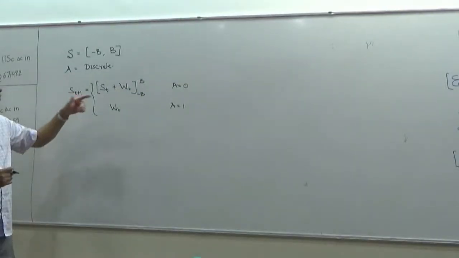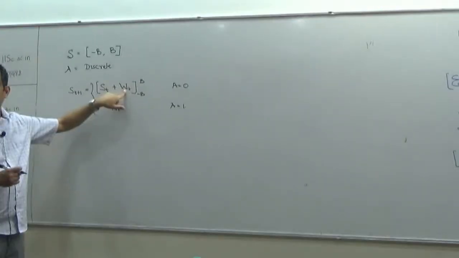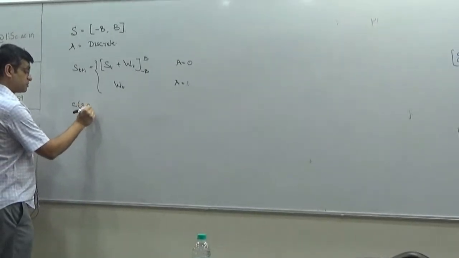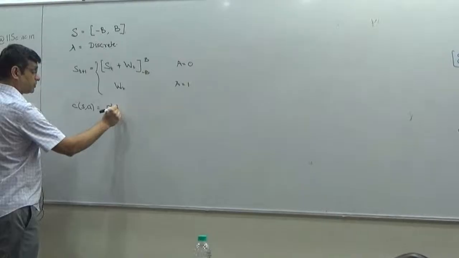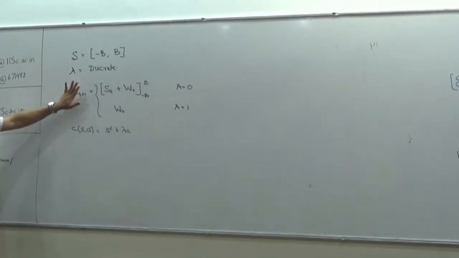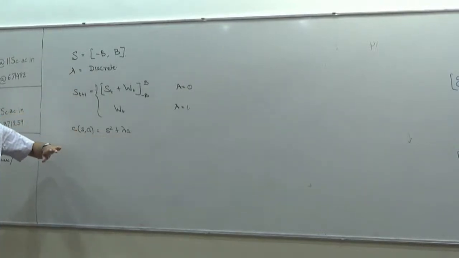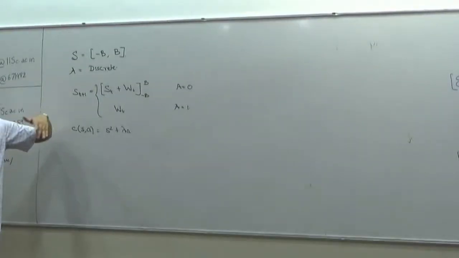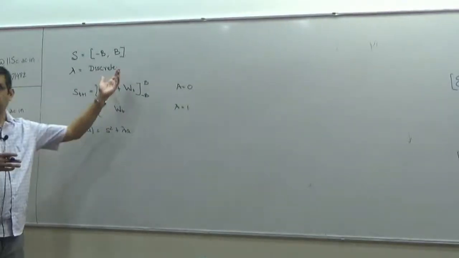And what would be given in this case is a distribution on this noise and a per step cost, which let us say is s squared plus lambda a. I do not really want to discuss the motivation for this example because that is not important for this model. I will just assume the noise has a support within minus B to B, but if it does not, then you will truncate it.